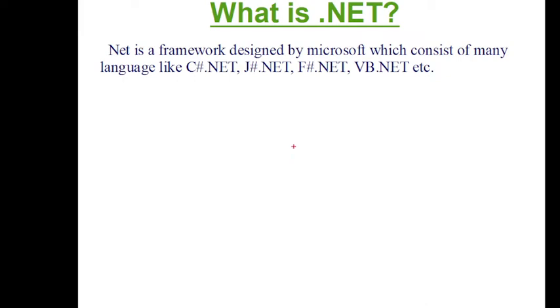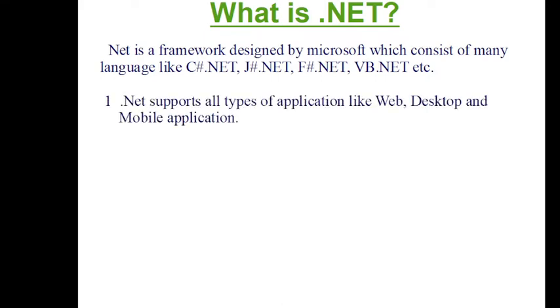Now the next point: it supports web, desktop, and mobile applications. Normally some languages like VB.NET were used for desktop applications, and some like PHP for web applications, but .NET and Java let you create different kinds of applications: mobile, web, and desktop.